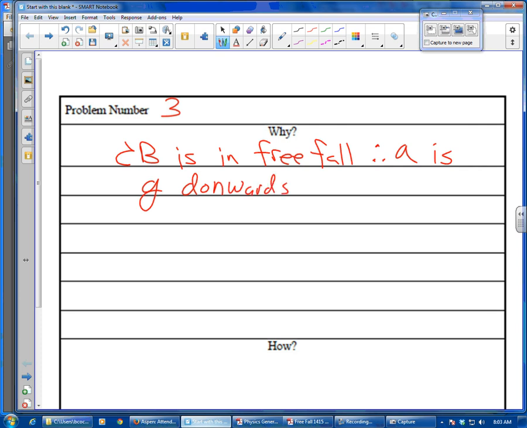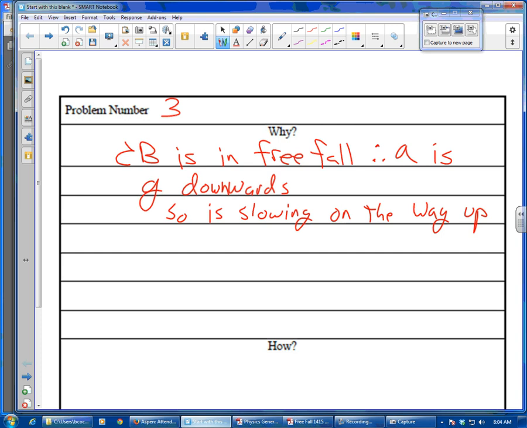And so it is slowing on the way up. So the cannonball is slowing down on the way up.